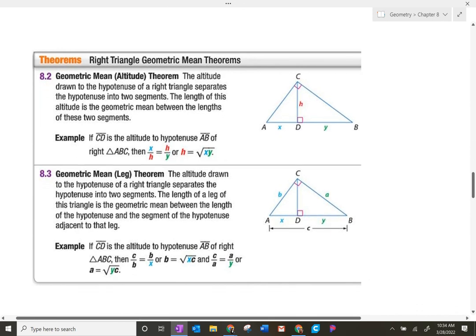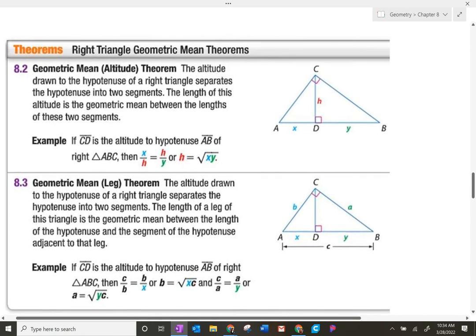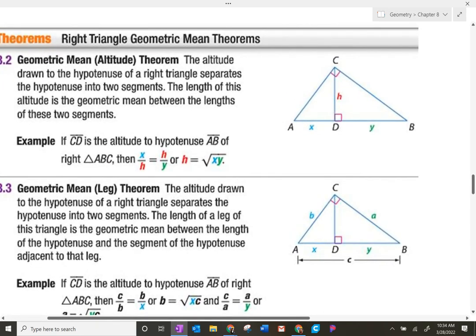All right, so I'm going to explain the theorems here. So if we can figure out the sides and how they match up with each other, if you can get the sides that are going to be similar, then you'll know which ones can compare to each other. So like this one, I've got this shape here.